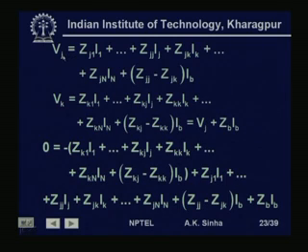Now we can write the same thing for Vj. Vj will be Zj1 I1 plus up to Zjj Ij plus Zjk Ik plus all this, plus Zjj minus Zjk into Ib. That is, we are saying, what is the current injection at bus J?